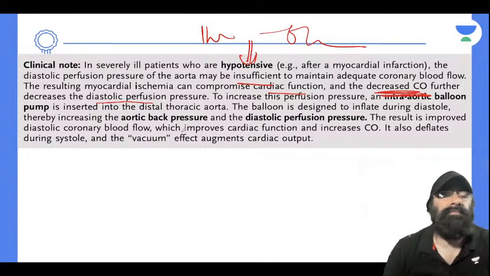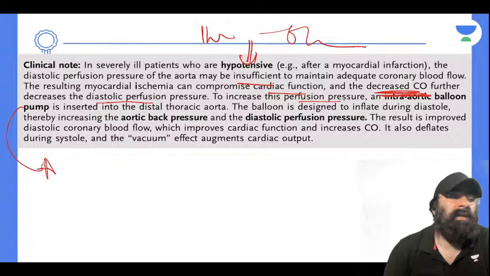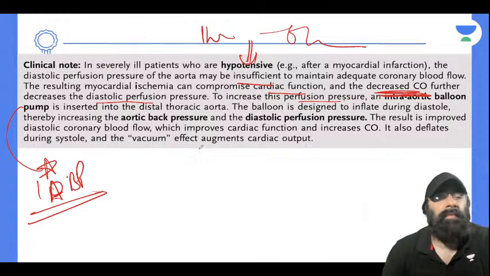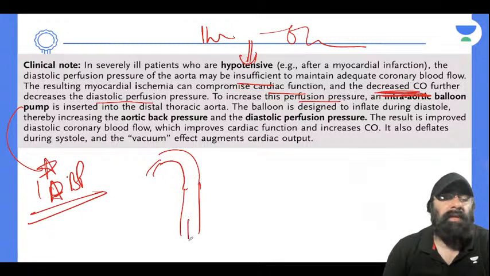And to increase this perfusion pressure, an intra-aortic balloon pump, IABP, can be inserted into the distal aorta. What does that do? In the distal aorta, a balloon is inserted like this. What does this balloon do?